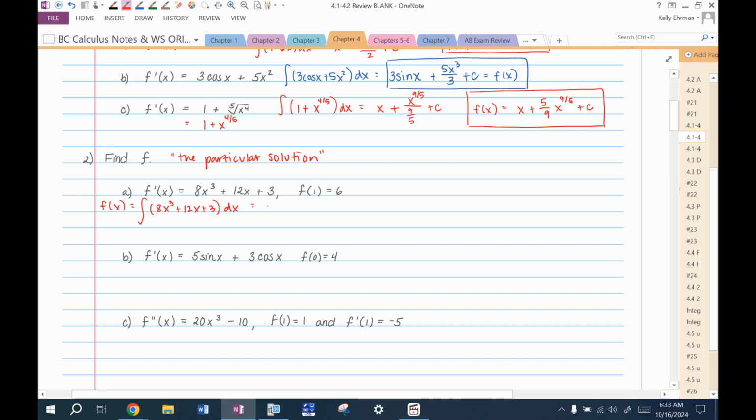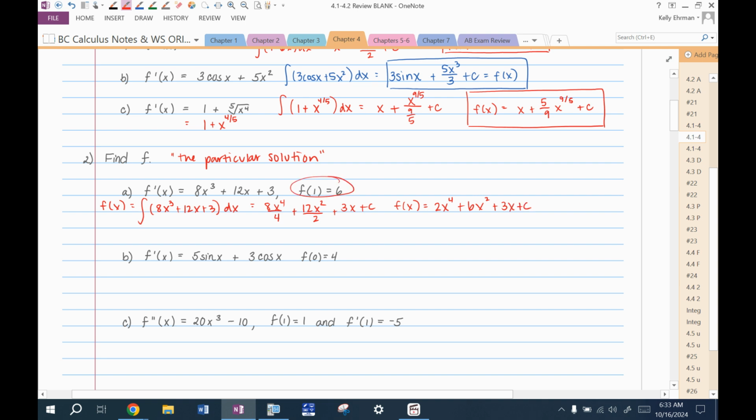Okay, so what does that get me? So that gets me 8x to the 4th over 4 plus 12x squared over 2 plus 3x plus c. So cleaning that up, that tells me that f of x is equal to 2x to the 4th plus 6x squared plus 3x plus c.